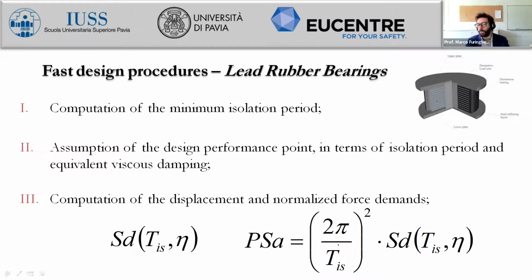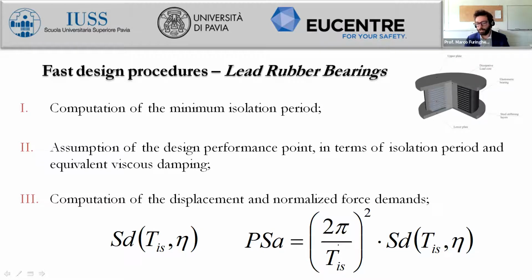So the first three steps are always the same as for all the other typologies of devices. The first is, again, the computation of the minimum isolation period, because we should know the lower bound of the design period for our system according to the fixed base configuration of the building, and especially with respect to the spectral coordinate induced by the self period of the first vibration mode, and the behavior factor of the fixed configuration.